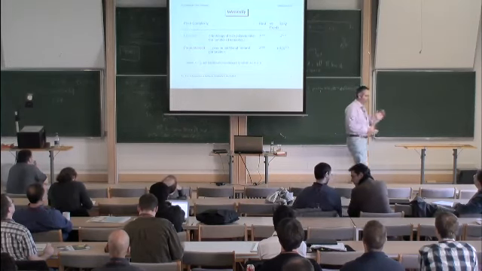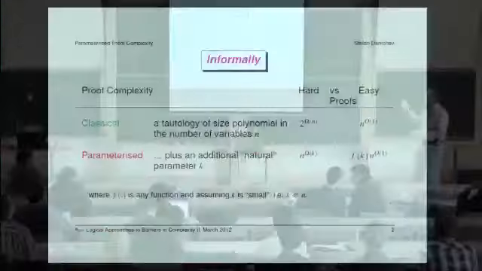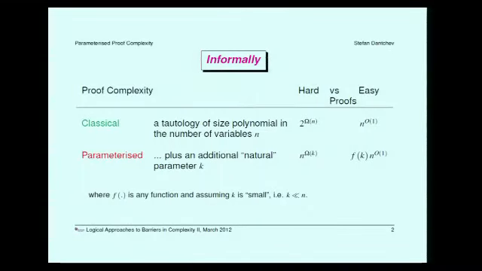Well, you will see some formal definitions and theorems, but I will start very quickly just to give you an idea. Well, what do we have in classical, traditional proof complexity?